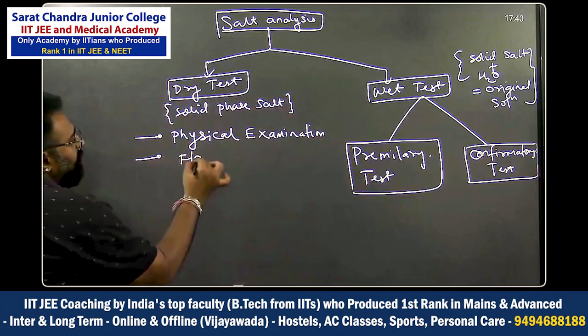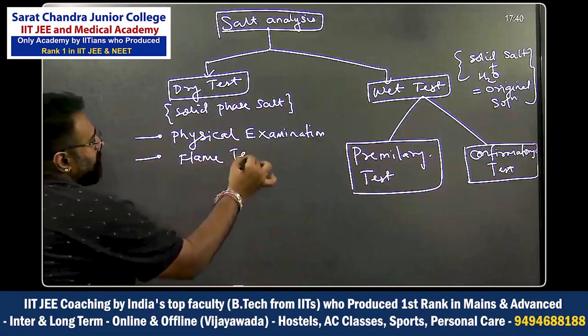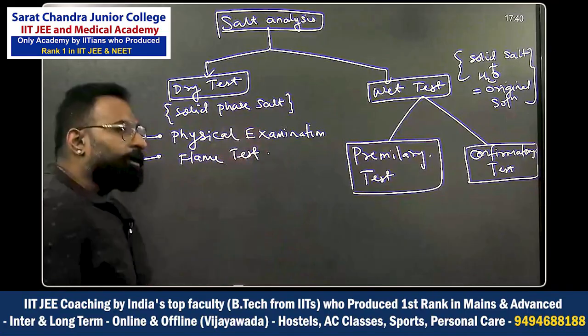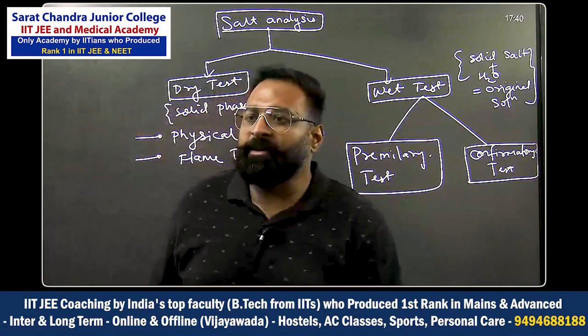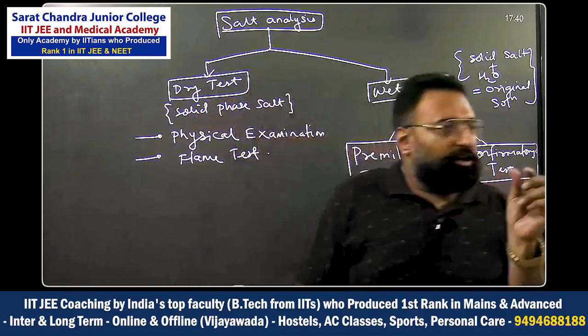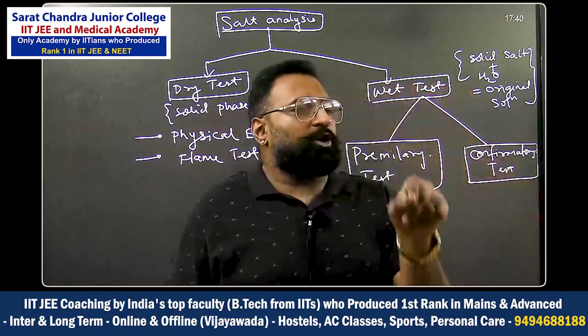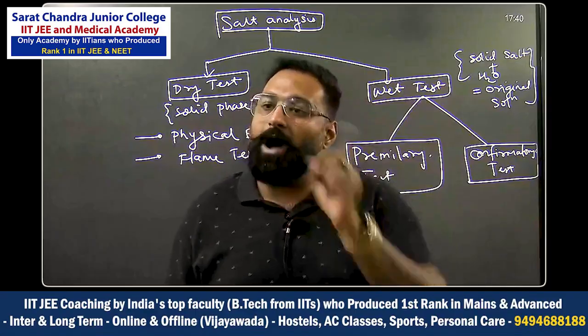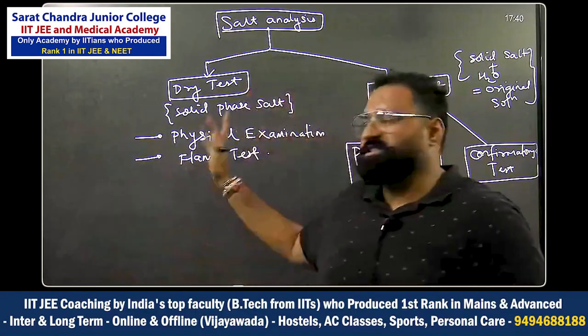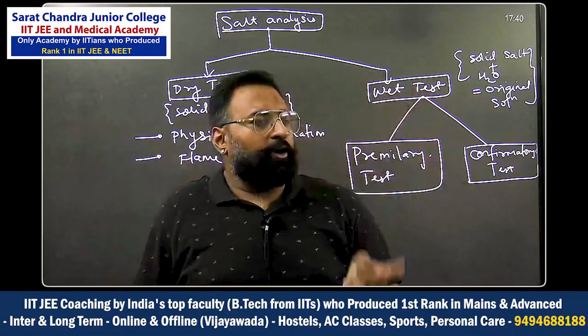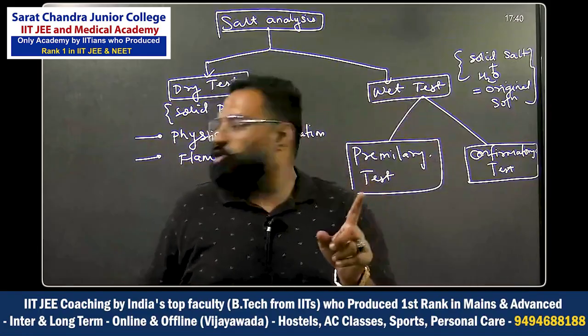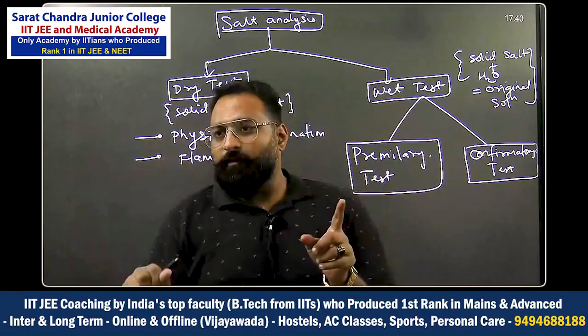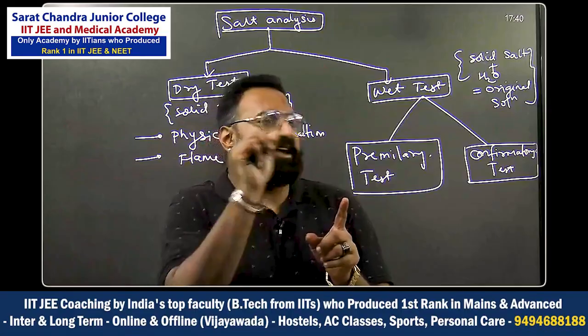Then comes flame test. Flame test is nothing but this: I need to combine the salt with HCl. Now, why only HCl? We will discuss this in flame test. With HCl we need to make a paste.